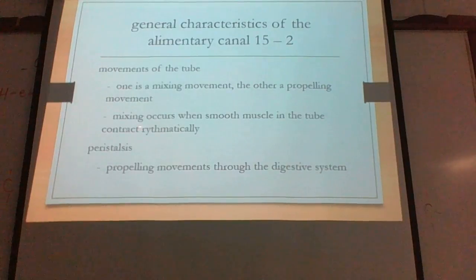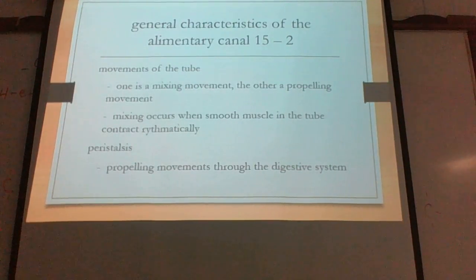So, mixing occurs when smooth muscle of your intestines contracts rhythmically. So this mixing, what is it mixing with besides water? Acids, but most importantly, enzymes. That's right.